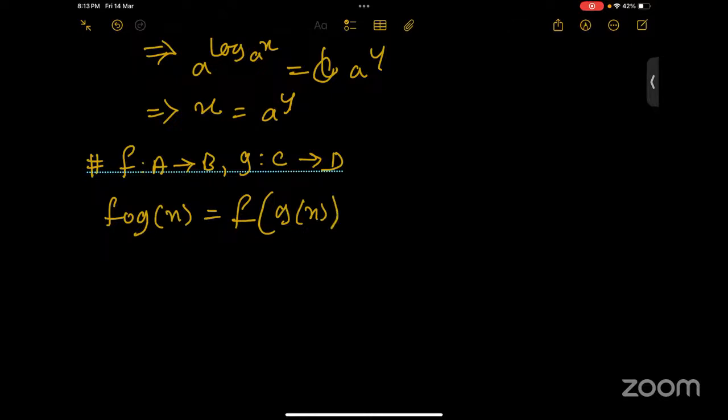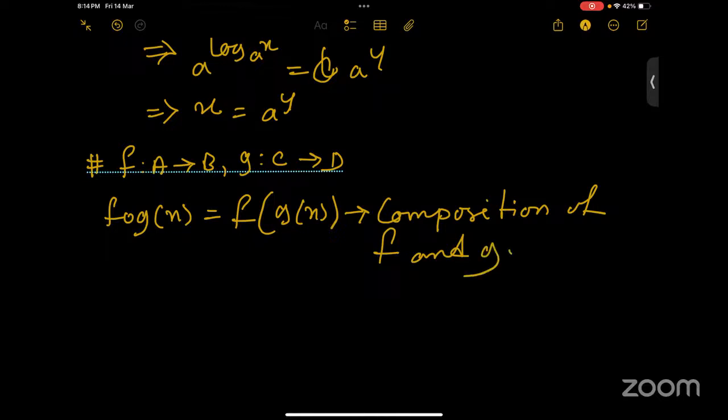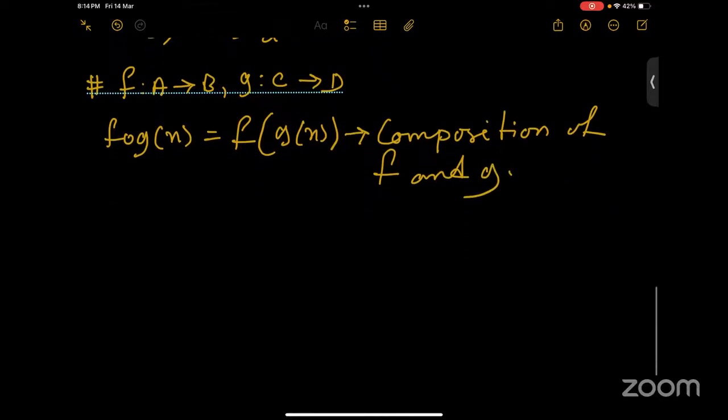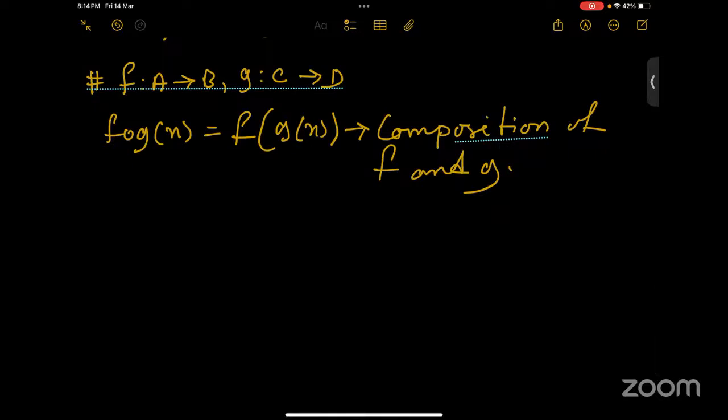It was the definition of composite function, right? So this is basically the composition of f and g. Now we can comment about the domain and codomain of the composition function, right?